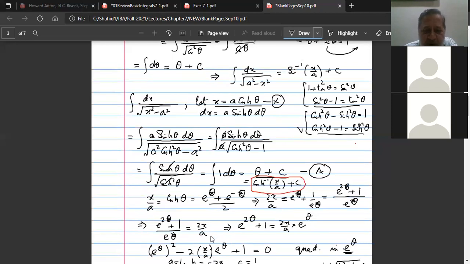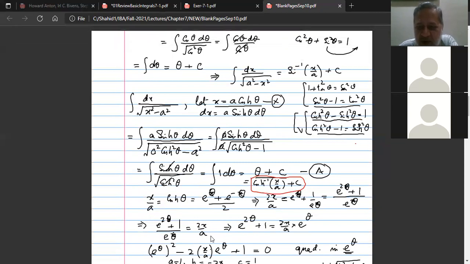We substituted x is equal to a cos hyperbolic theta. My formula, cos hyperbolic square theta minus sin hyperbolic square theta, can be written in what form? Cos hyperbolic square theta minus 1 ... this will come here so this will be minus, or I can write cos hyperbolic square theta is equal to 1 plus sin hyperbolic square theta.